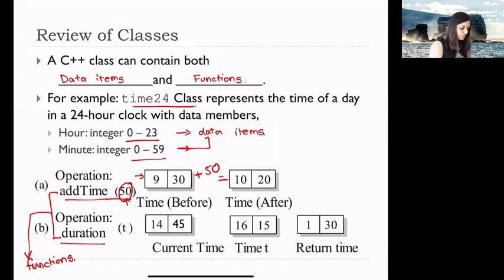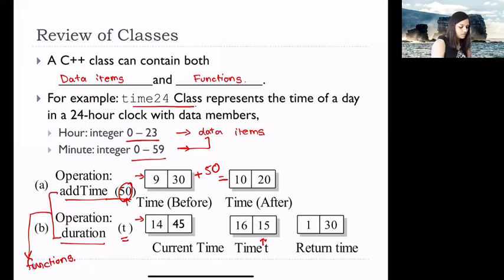We have another function called duration, where we are giving it a time. If this is the wall time or the clock time of the system at that time, then we are giving it an input t, where, let's say, t is 16 hours, 15 minutes.